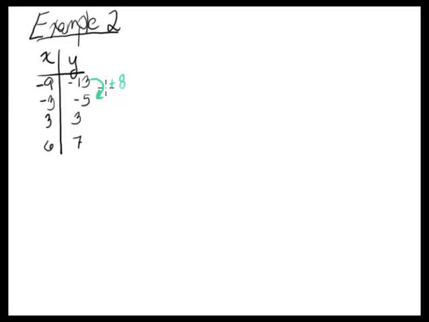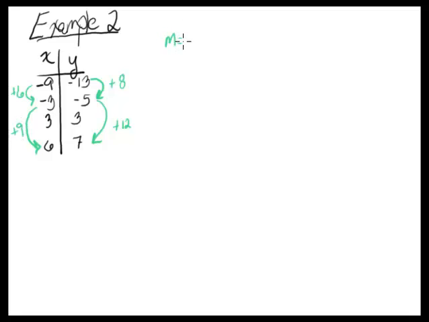Then you divide the change in y over the change in x. -9 to -3 is plus 6. -5 to 7 is plus 12. And using the corresponding values, -3 to 9 is plus 9.